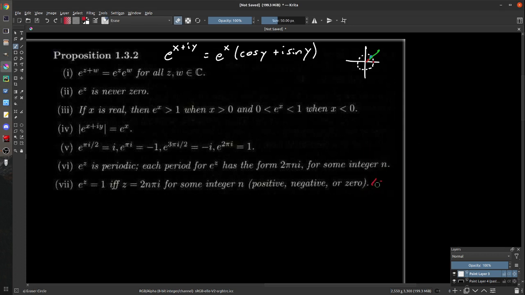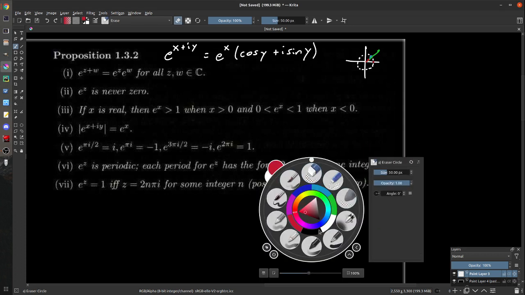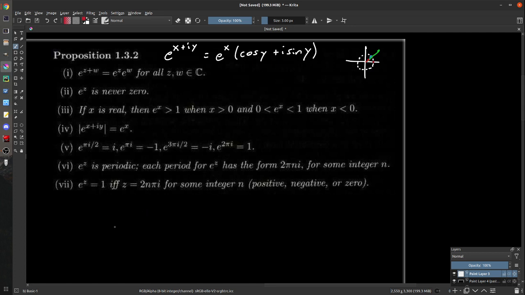Here, this guy right here. Let's just do this last one because I worry that I haven't given good intuition. We know that e to the 0 should be 1, just look at the definition. E to the 0, this piece will be 1. Since we have 0 and y, cosine of 0 plus i sine 0, you'll just get 1 there, and this piece will be 0. So you get 1.